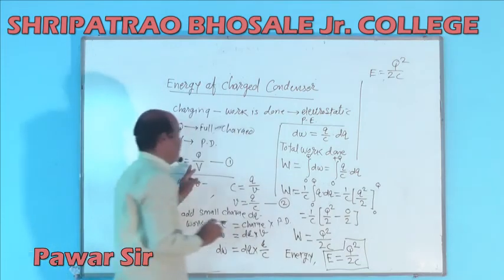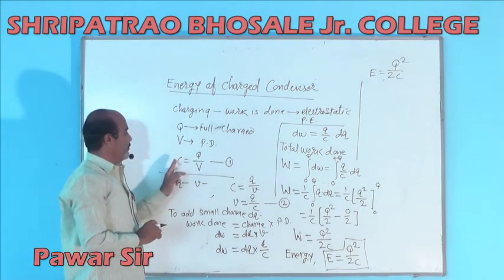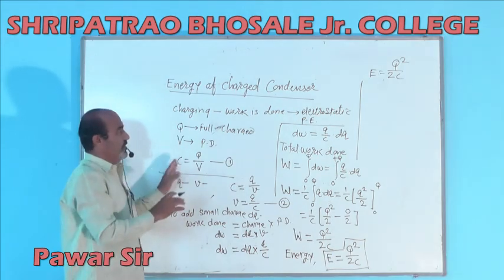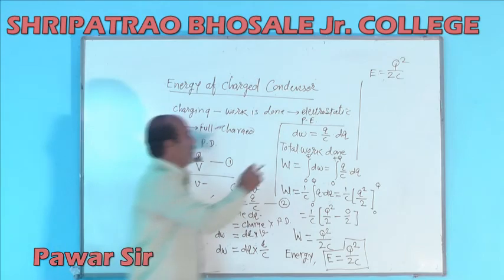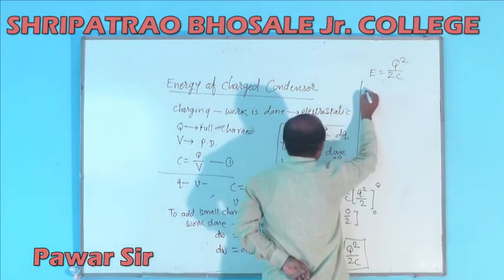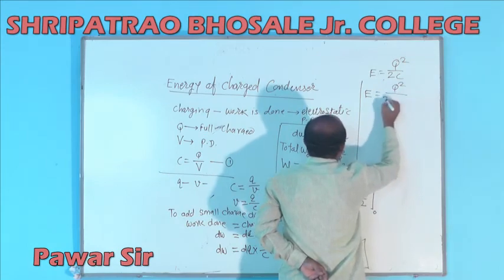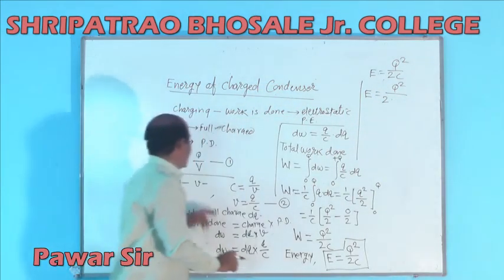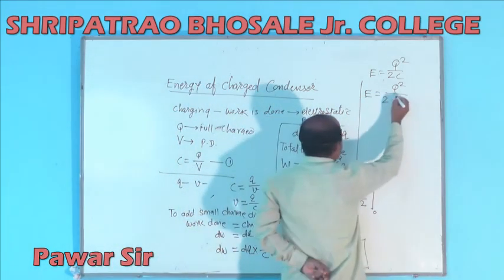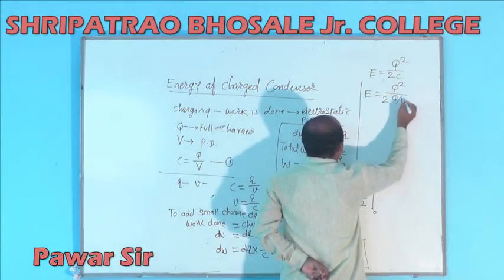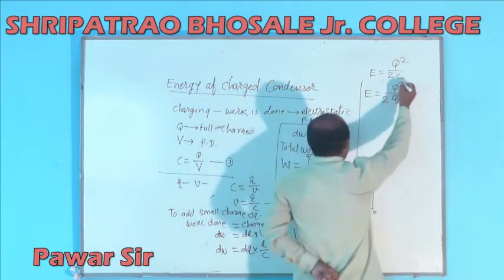Now from equation first, put value of C in this equation. First we take C equal to Q divided by V. So we can write like this: E is equal to Q square divided by 2 into value of C, which is Q divided by V. This Q and this Q cancel.